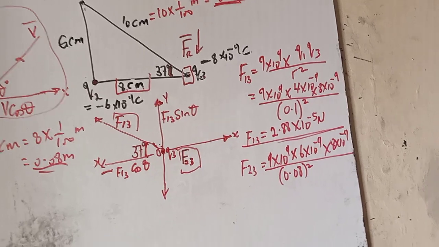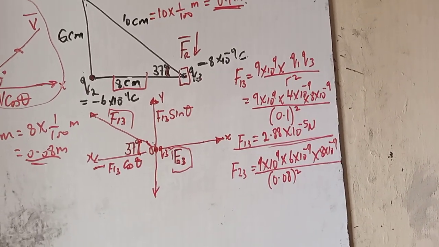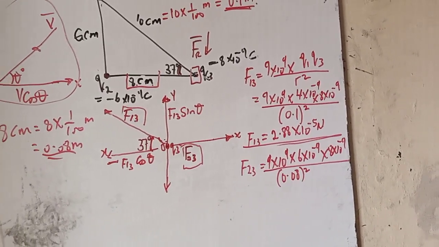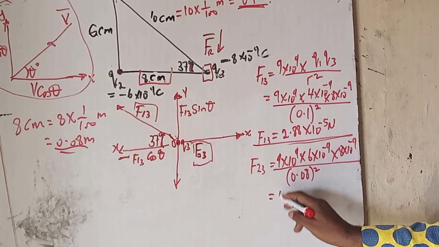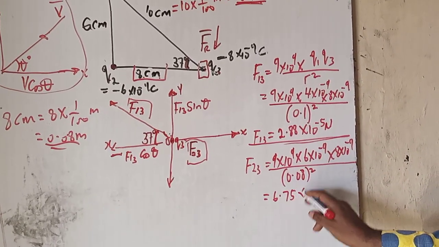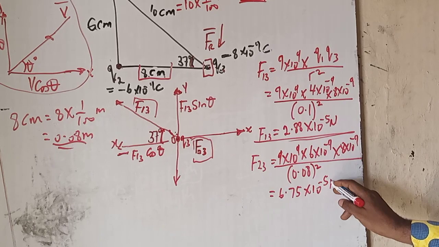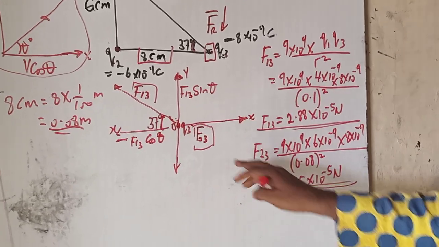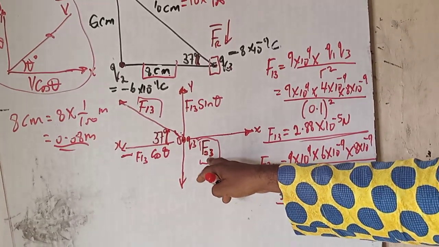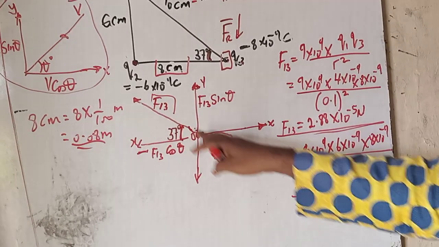Pressing the calculator, 9 times 10 raised to 9 times 30, that's 6.75 times 10 raised to minus 5 Newton. So I've gotten the value for these two forces.